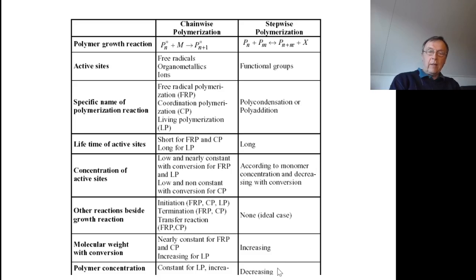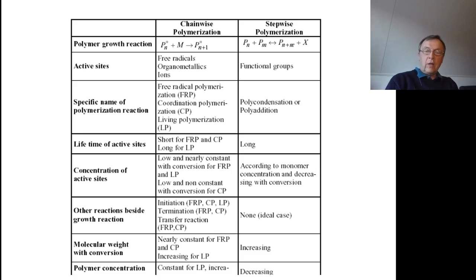In a stepwise polymerization, the situation is different. There, the concentration of molecules decreases because we join more and more short-chained oligomers to long chains. So in the end, we have the lowest concentration of macromolecular species.